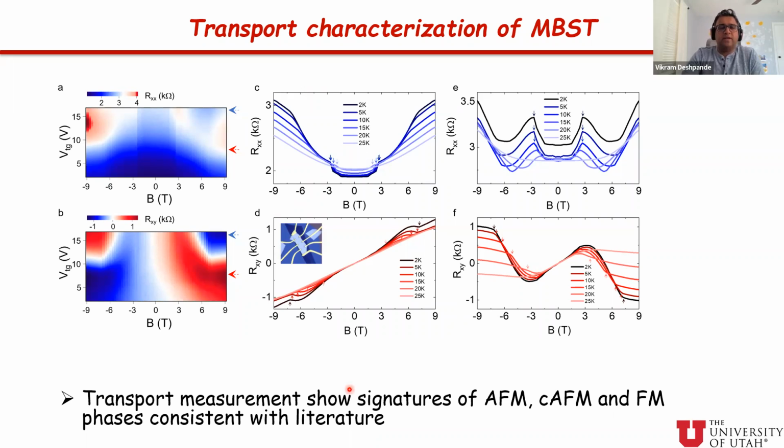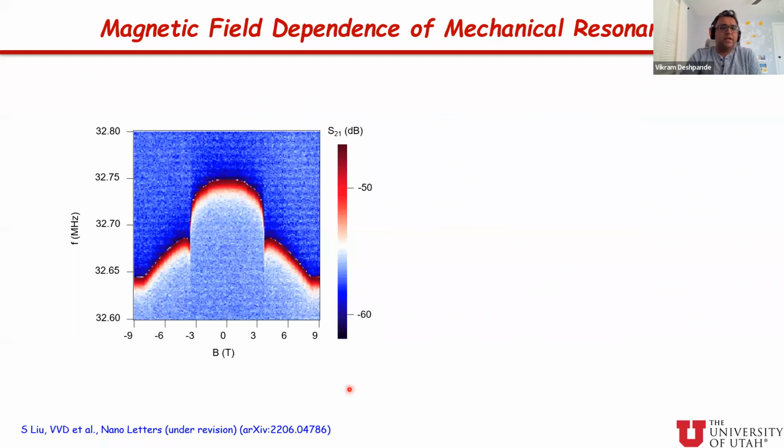Okay, and so now we can take our mechanical samples and look at whether they show any signatures of these states. This is the data of the mechanical resonance as a function of magnetic field, and you can see that there are three different regimes in the mechanical resonance.